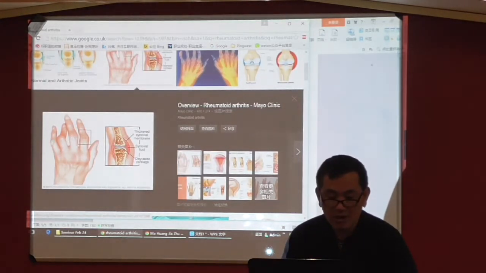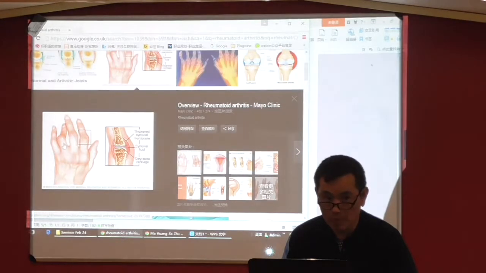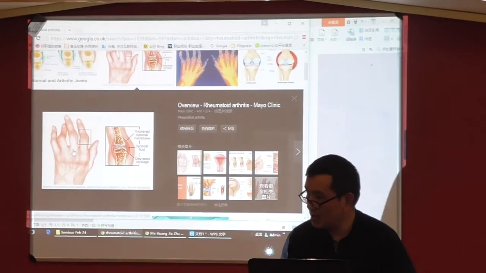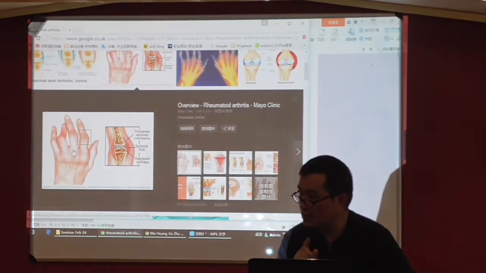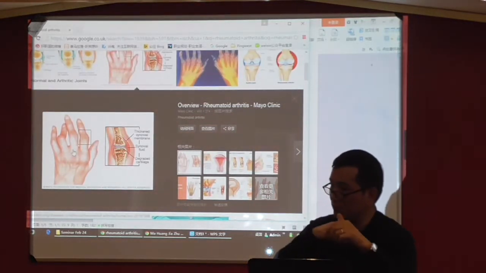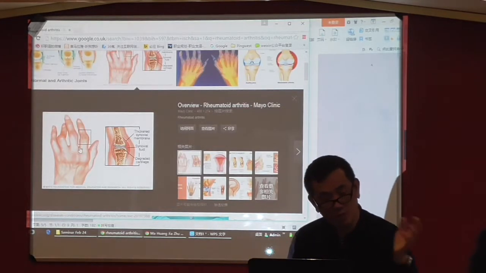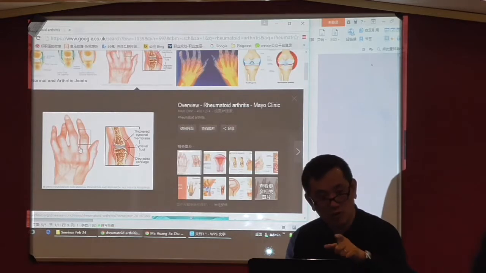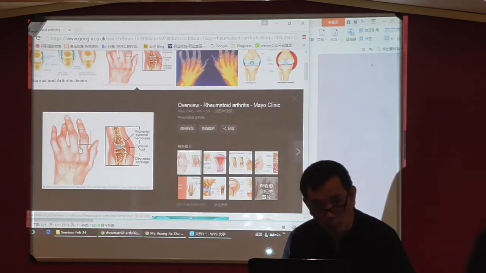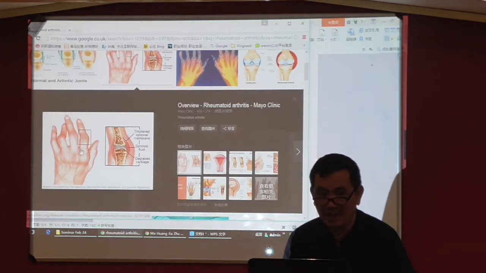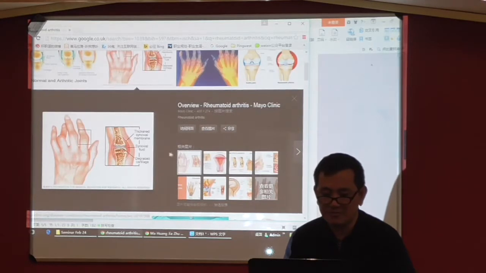Do you know here, joint deformity is painful. It's rheumatoid arthritis. It's the bone deformity. So in these cases, we not only eliminate the wind, cold, damp, we also treat the bones. Treat the bone, and not only treat the muscle. Muscle is already gone. It is already bone level.